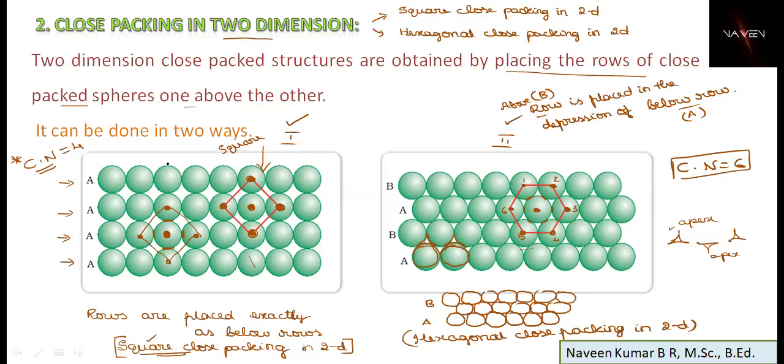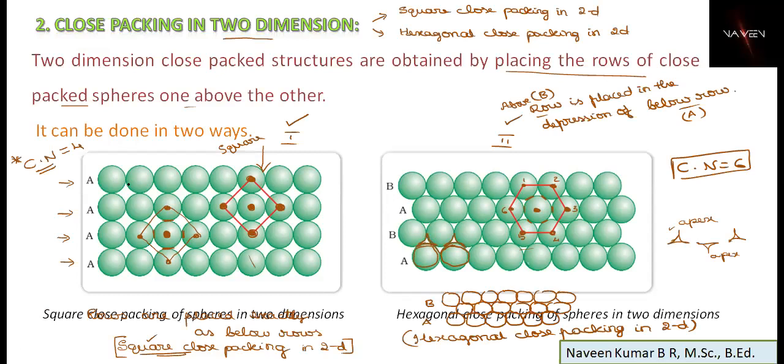Now here we'll extend the concept with the information of voids or holes. If you observe the previous arrangement, either in square close packing or in hexagonal close packing, just observe these empty spaces.